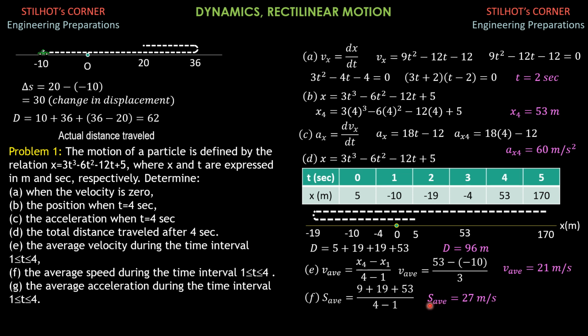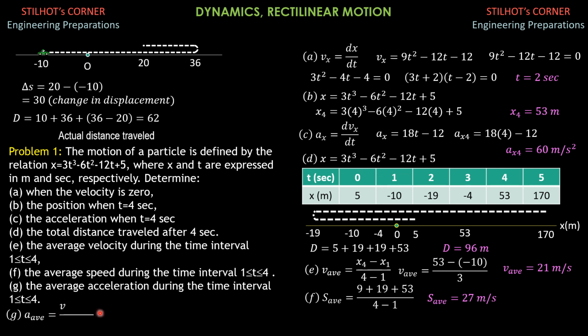Finally, G, the average acceleration during the time interval 1 to 4. Average acceleration is change in velocity divided by change in time, delta V over delta T. And delta V is the velocity when time is 4 minus velocity when time is 1, divided by 4 minus 1, which is 3.